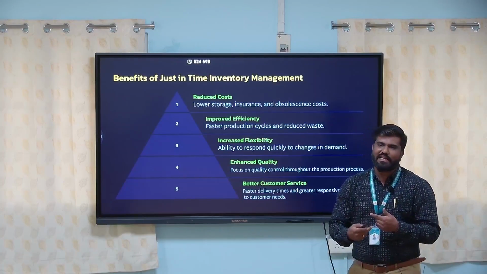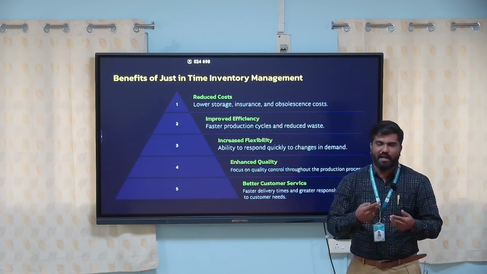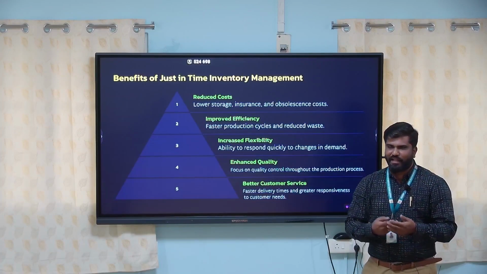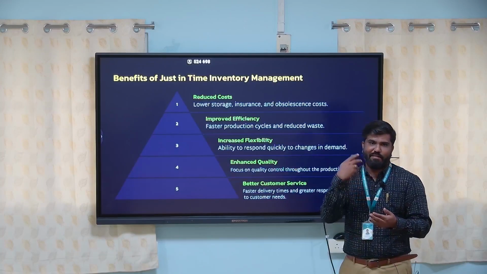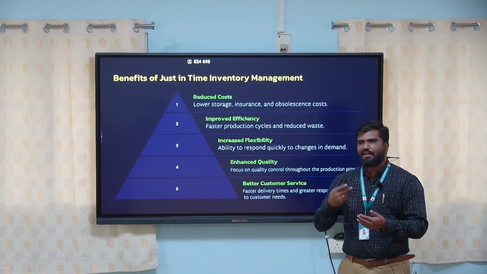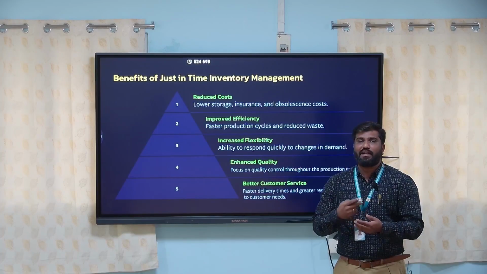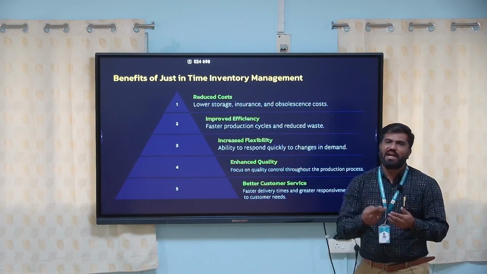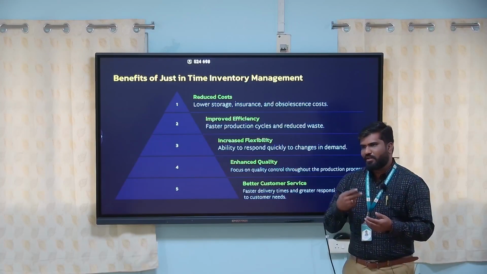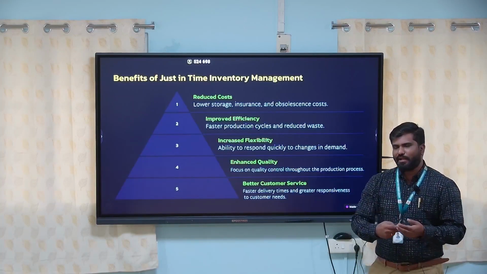For example, when COVID struck us, what happened? The demand for materials for masks or vaccines increased, and the production started. Whenever the demand increases, we purchase the raw materials for it. So it increases the flexibility for any production unit.